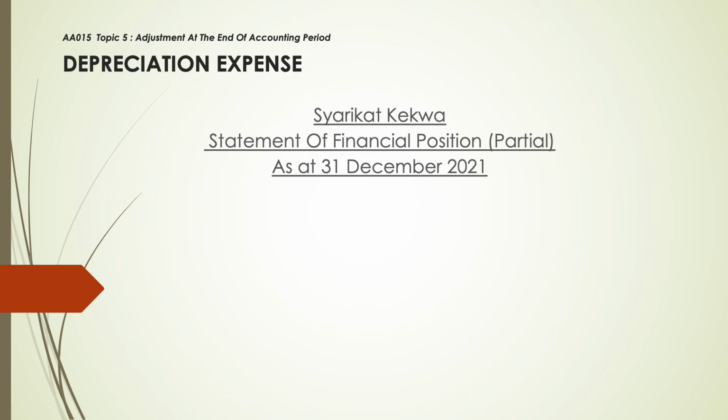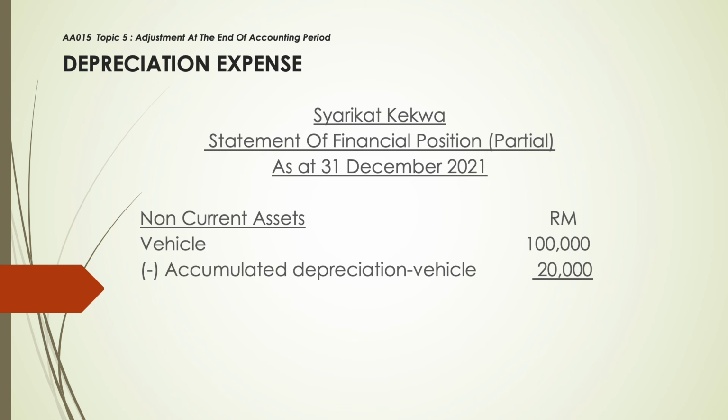Statement of financial position (partial) as at 31st December 2021, we record as follows: non-current assets vehicle 100,000 ringgit minus accumulated depreciation vehicle 20,000 ringgit, we get the net value of 80,000 ringgit.